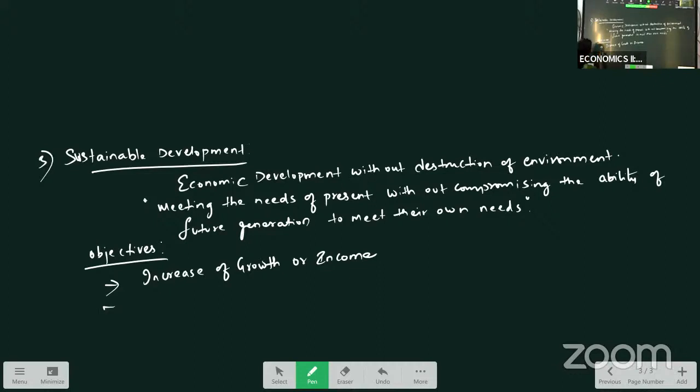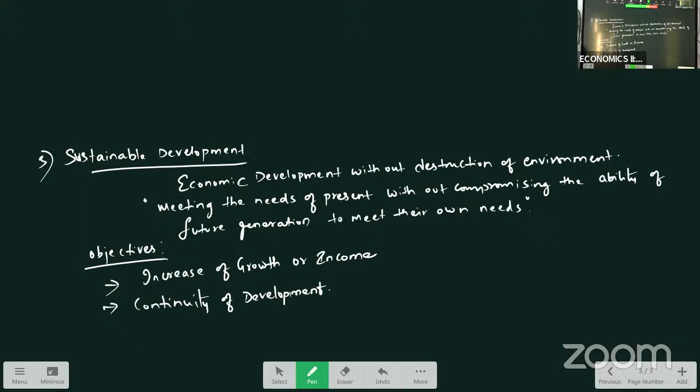And there should be a continuity of development. Physical, human, and natural capital are to be preserved and carefully used under sustainable development.